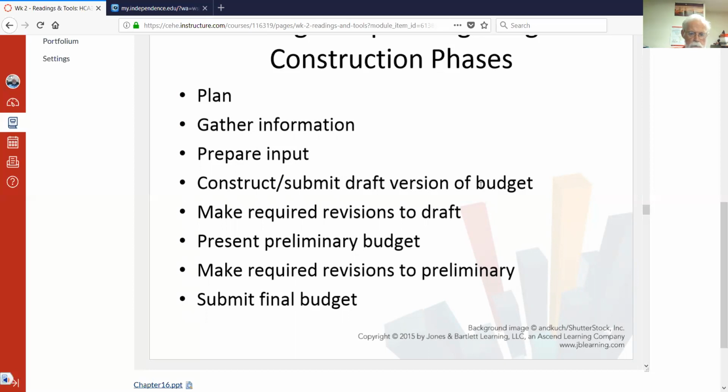And then we do a draft, and usually we will submit that to someone further up in the organization for comment, and then do any revisions that are needed. When I've had to do budgets, I've had to take this up and present it to whoever it was above me in the organization.